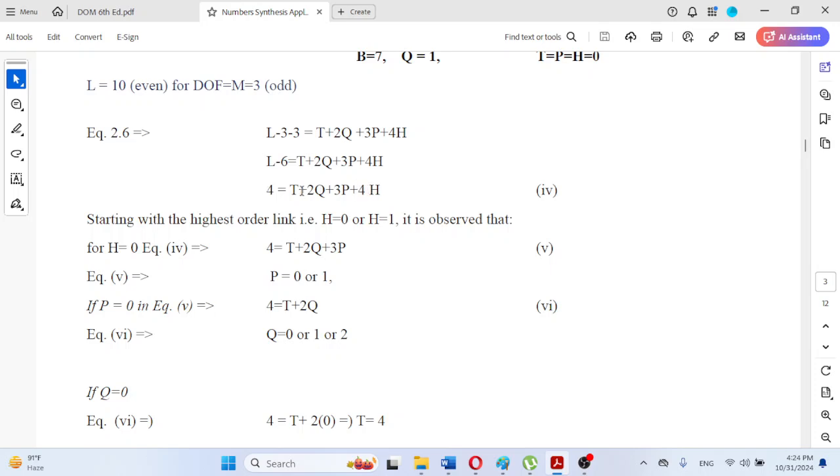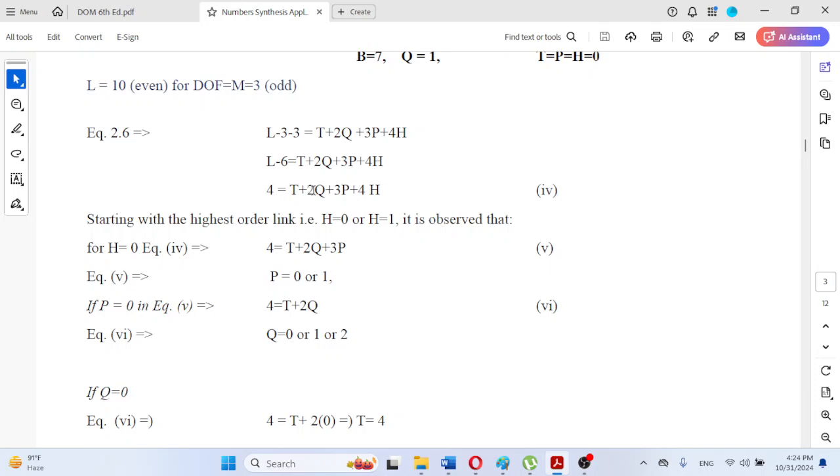So 4 will be equal to T plus 2Q plus 3P plus 8. So 4 minus 8 will be equal to minus 4. So the sum of T plus 2Q plus 3P will be equal to minus 4, which is impossible, because that will require some of the links to adopt negative values.